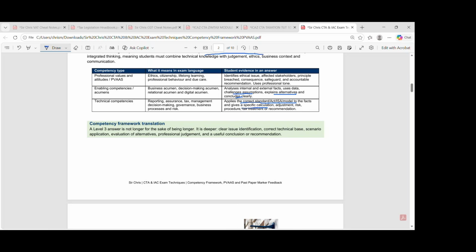Please, it's not about long answers. It is deeper: clear issue identification, correct technical base, scenario application, evaluation of alternatives.